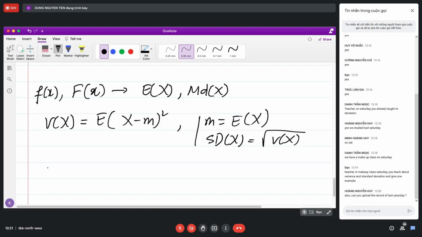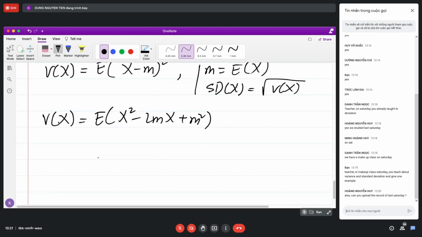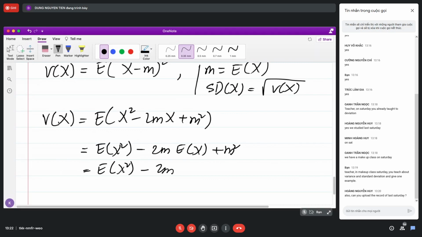Now I wanted to discuss a little bit further some properties of the variance. First of all, I want to remove the parentheses here to get the mean value of x squared minus 2mx plus m squared. And that is the mean of x squared minus 2m times the mean of x plus m squared. Okay, and you see that this is the mean of x squared minus 2m times the mean of x, which is m.